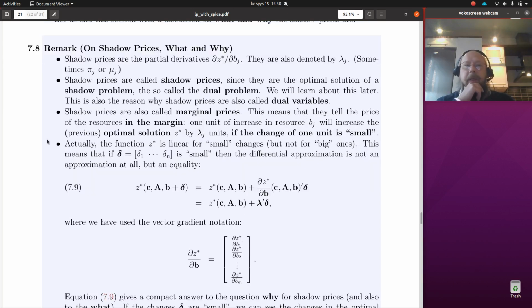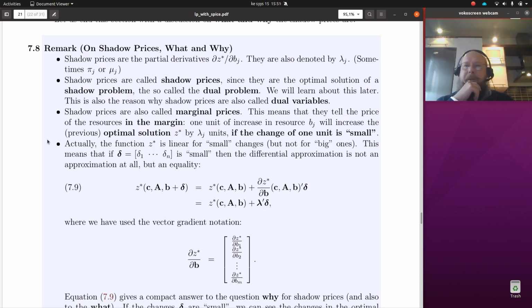So the shadow prices are called shadow prices. Why? Because they are actually the optimal solution. They are the optimal decision for a shadow problem. So there is a shadow problem that somehow shadows the problem we have. So what is this shadow problem?